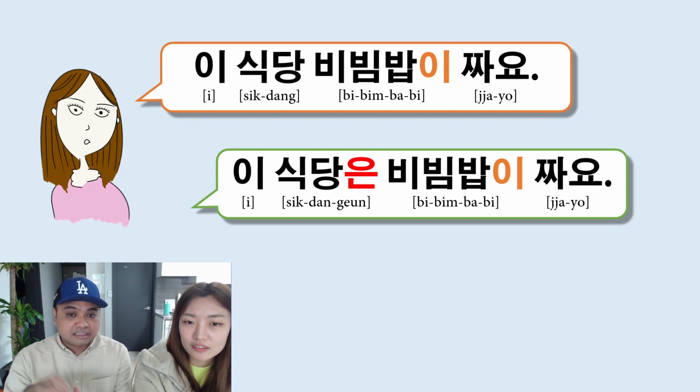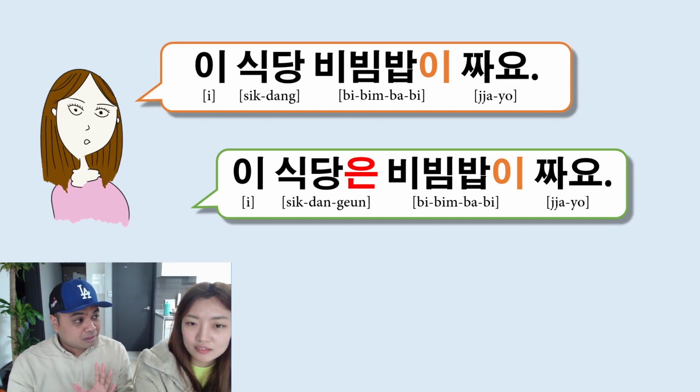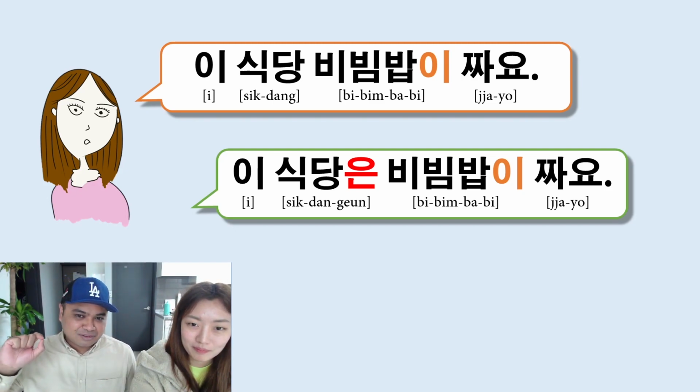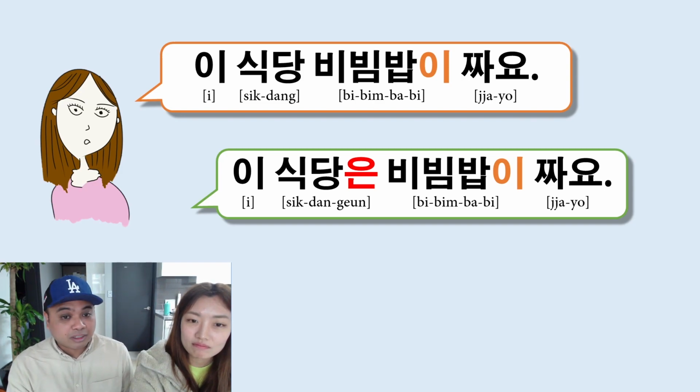Because you add 은 to 식당, you're implying the other restaurants too, saying you're not sure about the other ones, but at least this one, the bibimbap is salty. So there's so much nuance to 은 and 는. It does change things quite a bit.